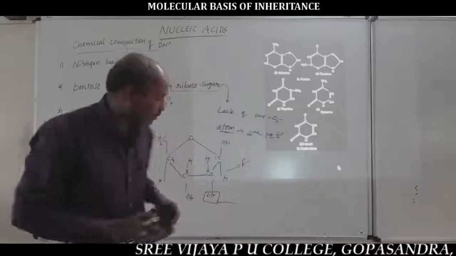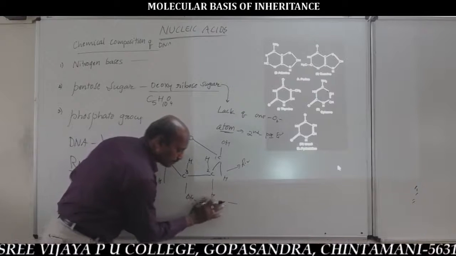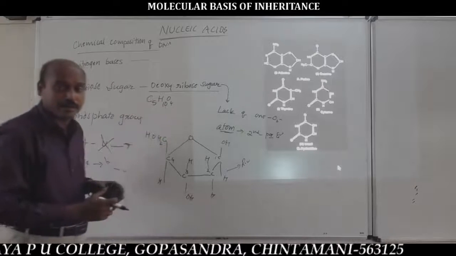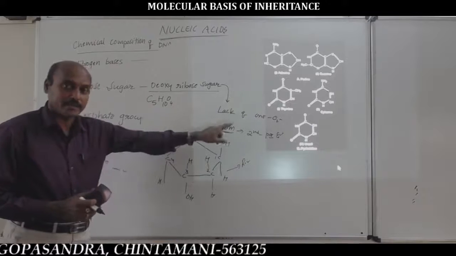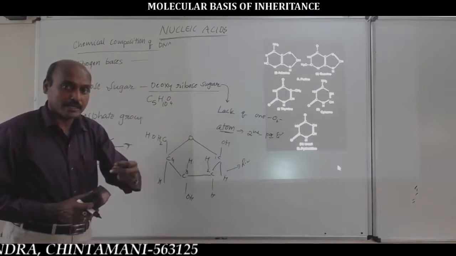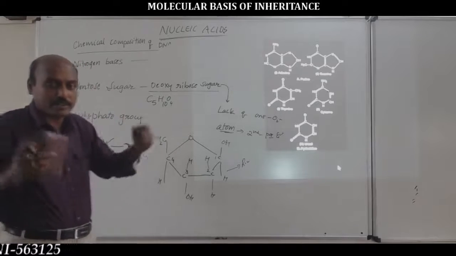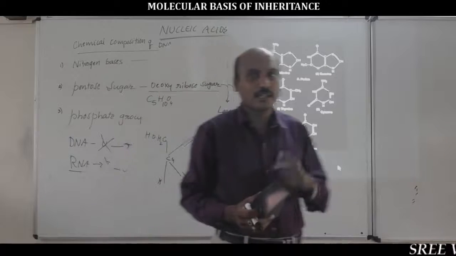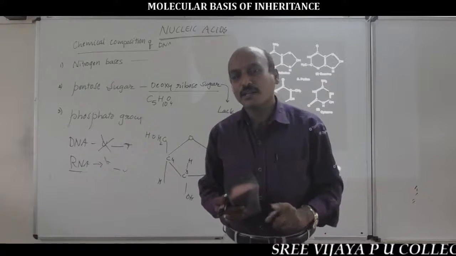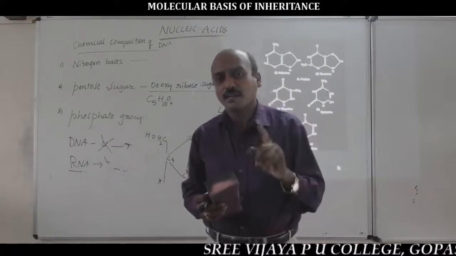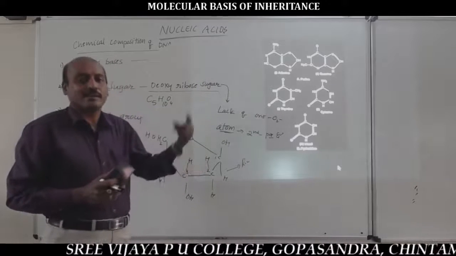While the absence of oxygen atom at the second position of carbon is called deoxyribose sugar, which is present in DNA. So based only on the pentose sugar, nucleic acids are classified into 2 different types, deoxyribose nucleic acid containing deoxyribose sugar, whereas ribose nucleic acid, RNA, contains ribose sugar.